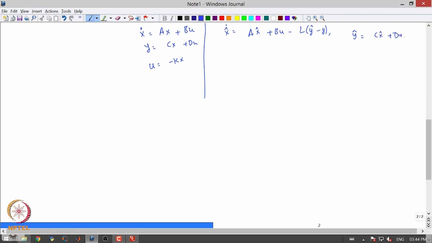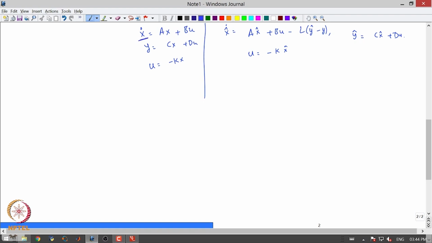Okay, so if I were to feed back u equal to minus k x hat, let me check what happens to the overall system here. Right? So, I have two things here.